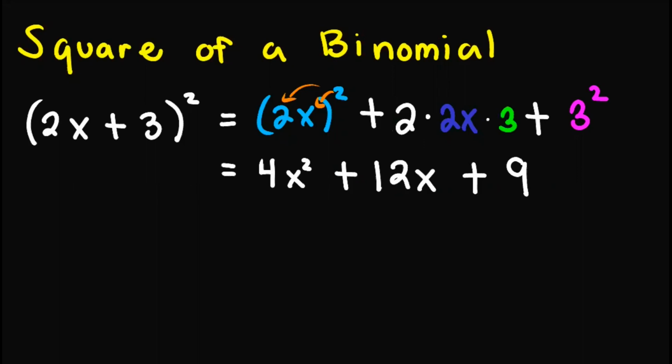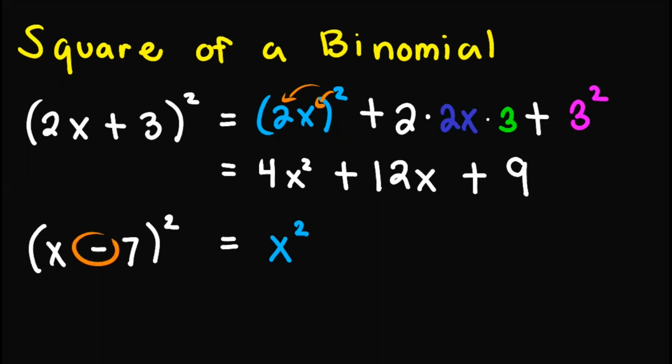Let's have one final example. If we have x minus 7 squared, first we square the first term, so we'll have x squared, and since we have a subtraction operation, this will be subtraction.